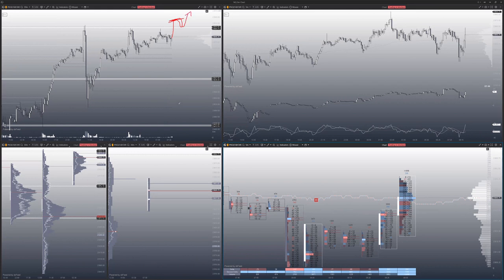Or it goes higher, not in the range, maybe shows me single prints and a selling tail, then I'm looking for the short. That is what I'm looking for. At the moment, it's still playing in the range and you don't trade. You don't trade in any ranges. You need to confirm what you want to have. No?